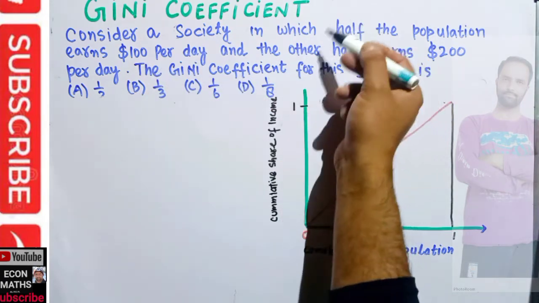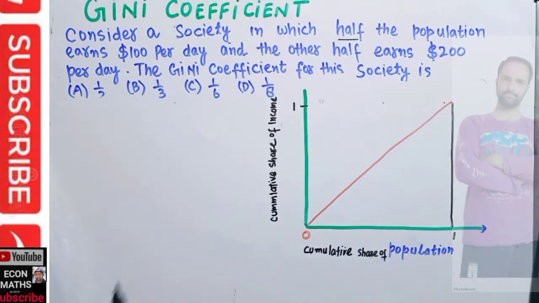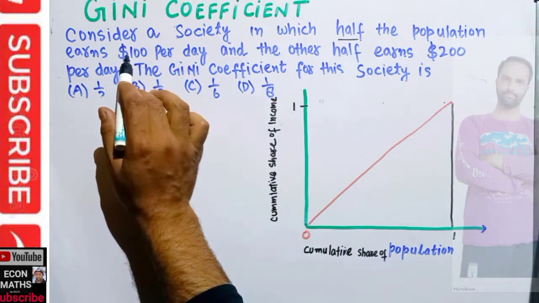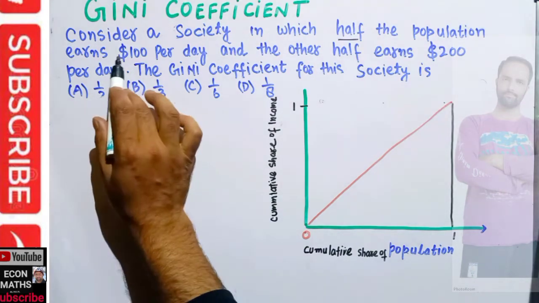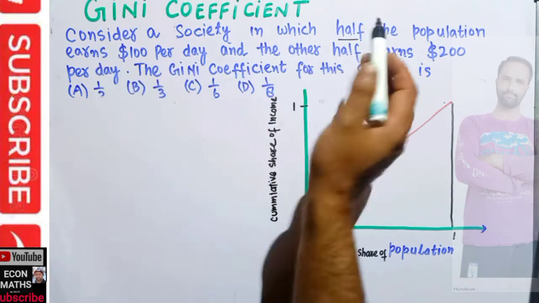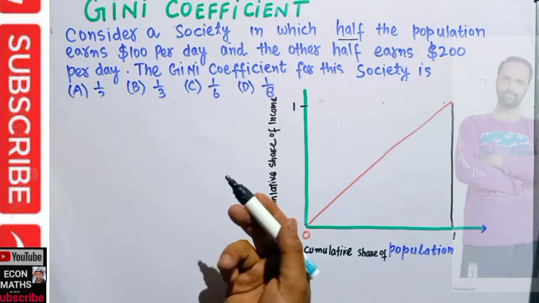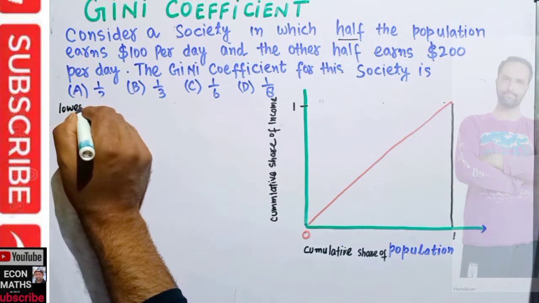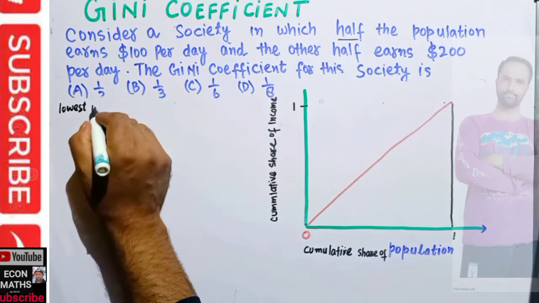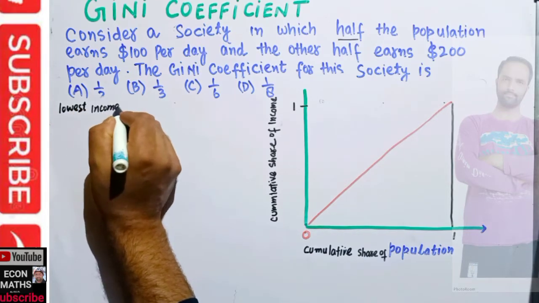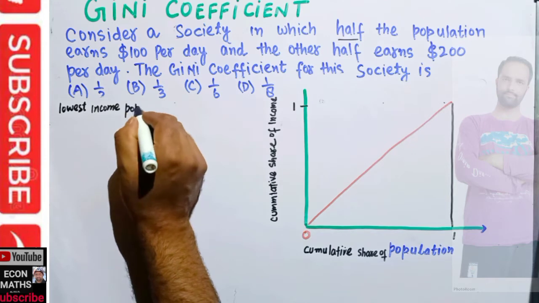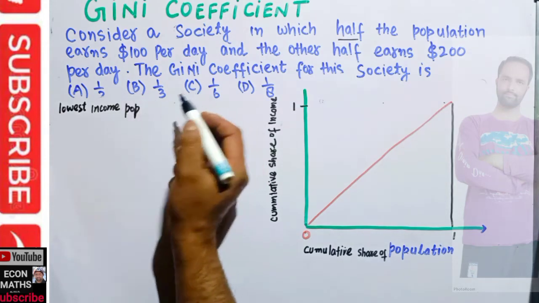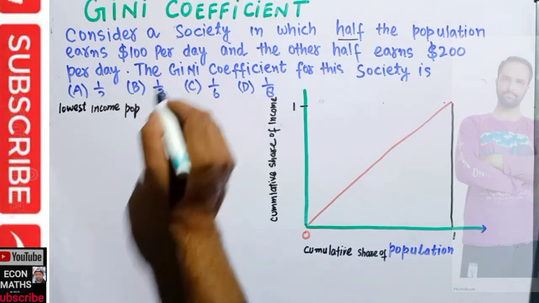We are being given half of the population is earning $100 per day. Let us call that half the lowest income workers. Let us assume we have 10 people in this society.